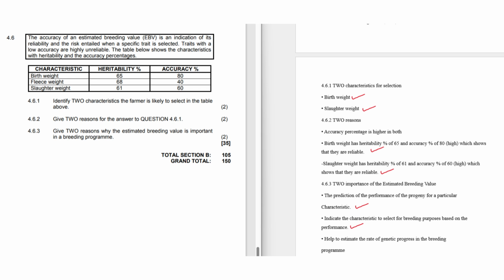Okay, so this shows that they are reliable. And also slaughter weight. Slaughter weight has heritability of 61 and accuracy percentage of 60%, which is high. So this shows that it is also reliable.